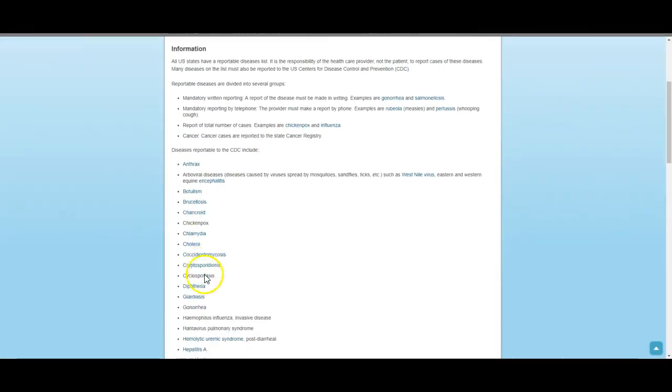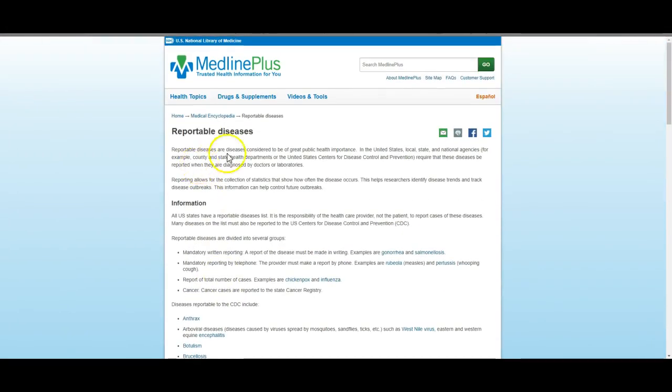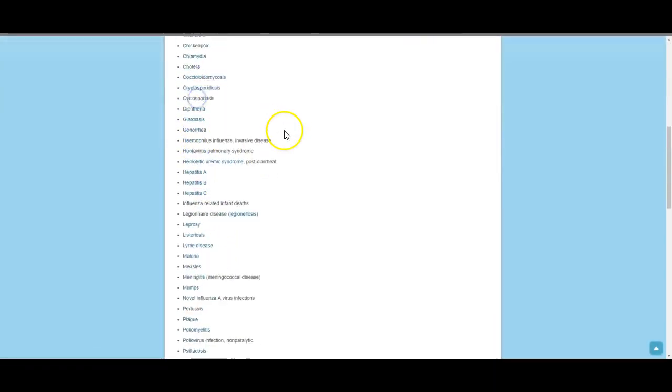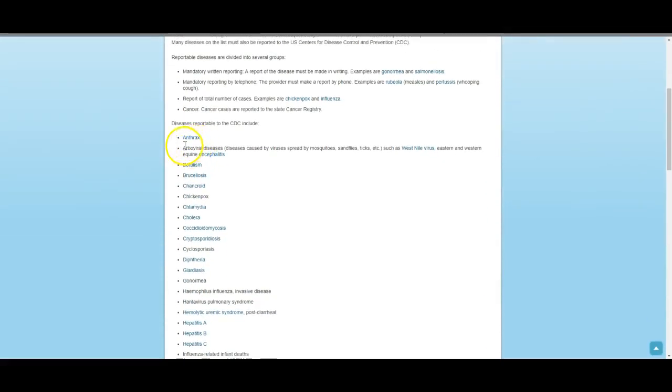And so you go down here, you click on gonorrhea, and these are all the reportable diseases. I don't think you can click on gonorrhea. There's no more information here for gonorrhea. But these are the list of reportable diseases to the CDC. So anytime a person has any of these diseases, or has been exposed to any of these things, anthrax, botulism.